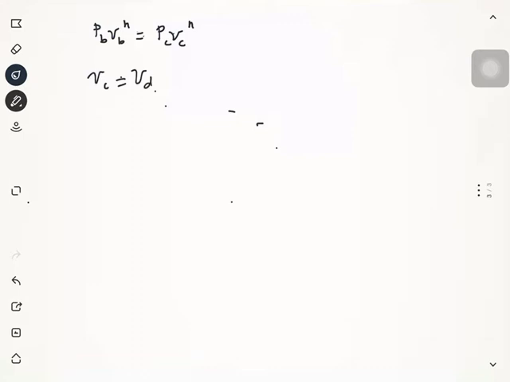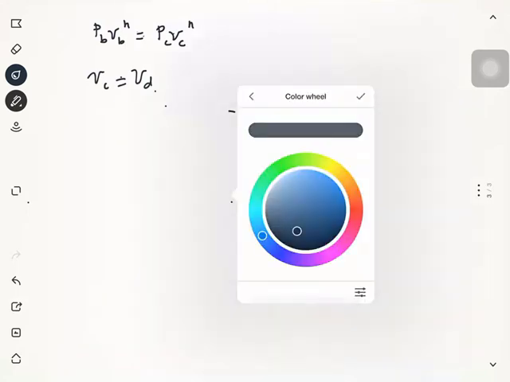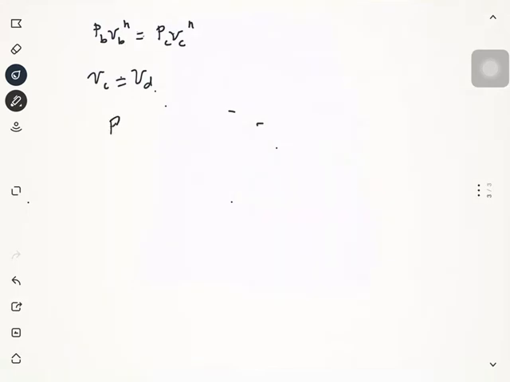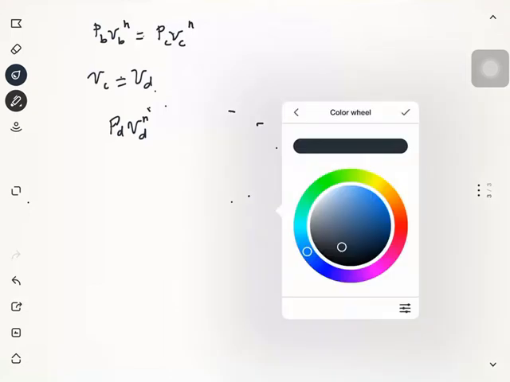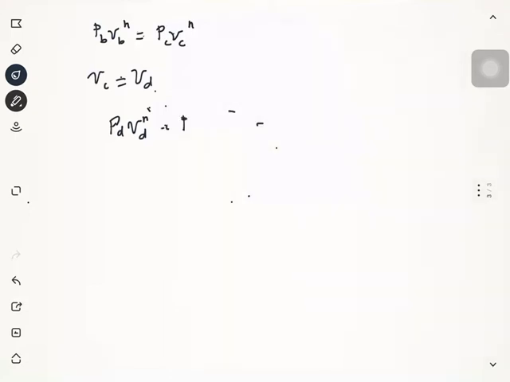For the re-expansion process, we have here PD VD to the n prime is equivalent to PA VA to the n prime.